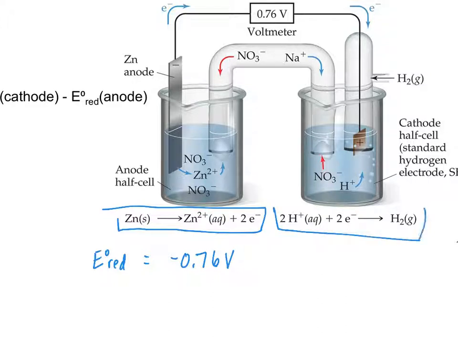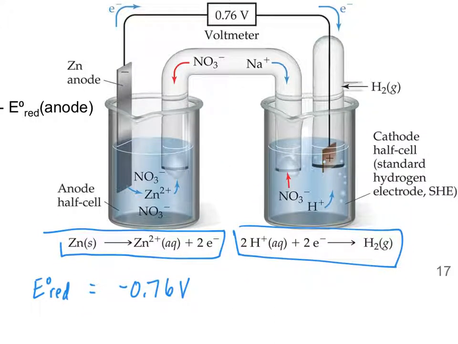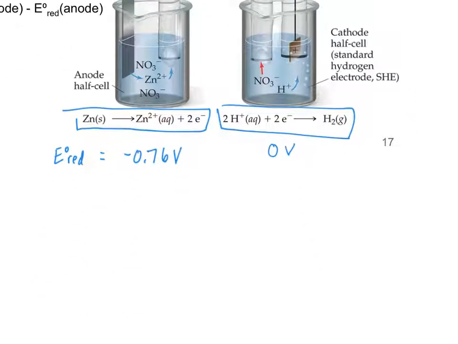And then on this half reaction, this is our hydrogen forming H2 gas. This is the value that we have assigned to be 0 volts. That's our standard, that's our baseline.